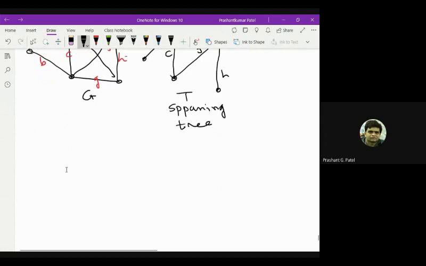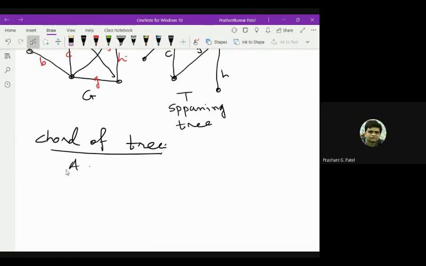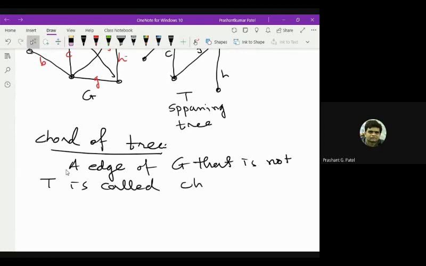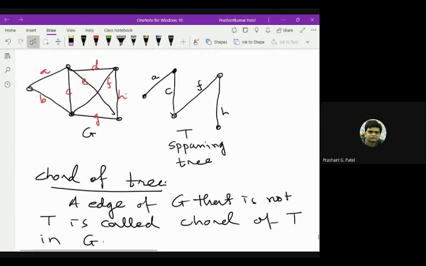Now there is a definition of a chord of a tree. A chord of a tree is an edge of G that is not in T. It's called a chord of T in G. For example, here D is the edge which is not in this tree.